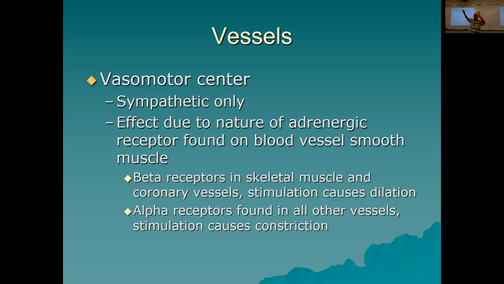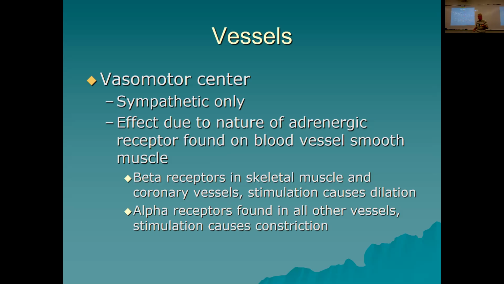If you have sympathetic stimulation all over your body, even though you're letting more blood into some areas, most of your arterial system is constricted, and your blood pressure will go up. And you need a higher blood pressure if you're in a fight or flight situation.